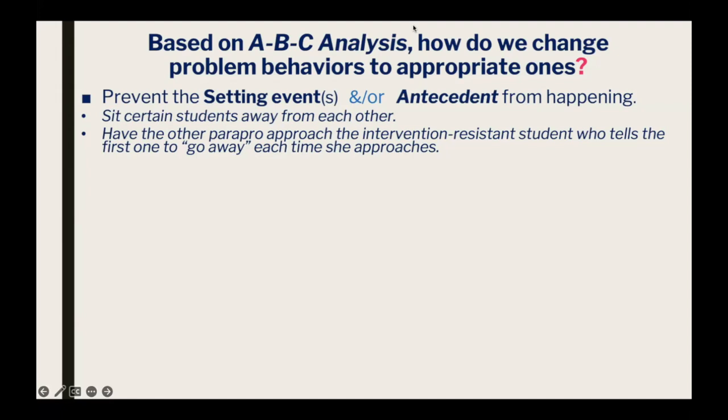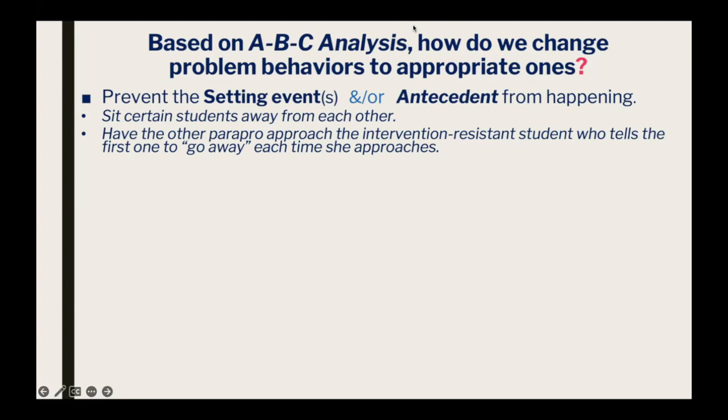And some of the things that we do is, we sit certain students away from other students, and sitting near them tends to be setting events. And then one of those other students will say something about a female family member, and that's the antecedent that then sets off the aggression.